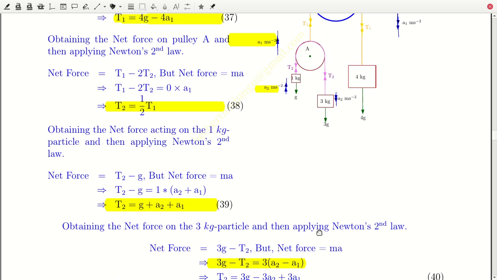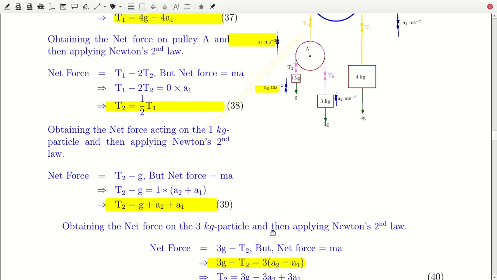So these are equations 37, 38, 39 and 40. Our task is to solve them simultaneously to get the values of A1, T1, T2 and A2. There are 4 equations with 4 unknowns, which must be determined using any method possible.